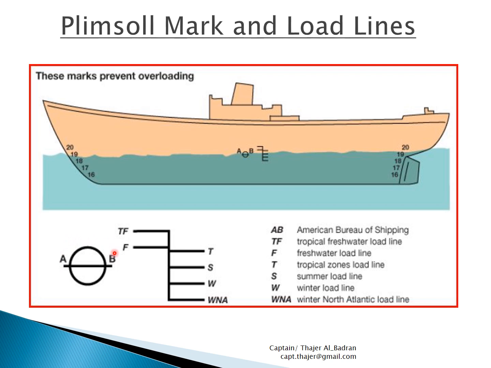AB in the diameter of this circle mentions the registry company; AB means American Bureau of Shipping. Also, we can see these dashes from the left and the right. The left is for fresh water and the right for salt water.